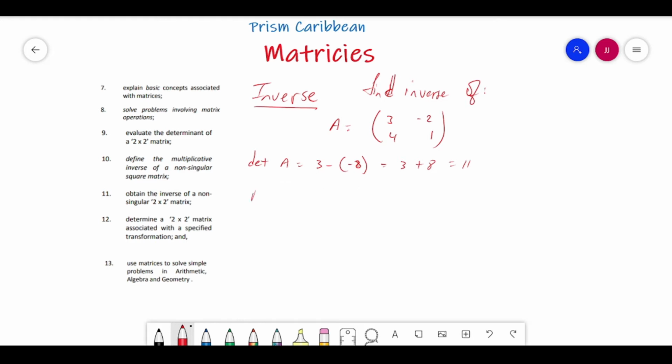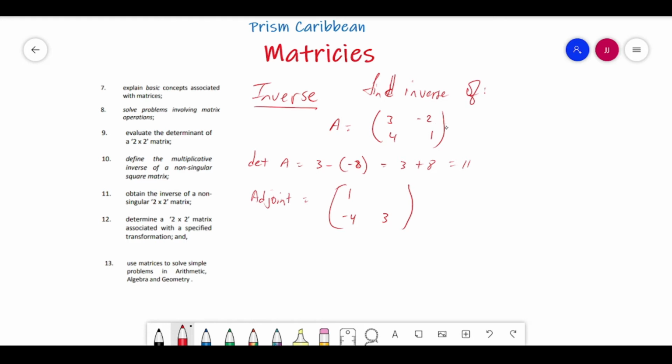And we want to find the adjoint now. Remember, for the adjoint, we switch the leading diagonals and we make the other diagonal negative, or we just multiply by negative 1. And I will explain that now. So again, we switch the leading diagonal, we make the 4 negative, and we already have the 2 as negative 2.